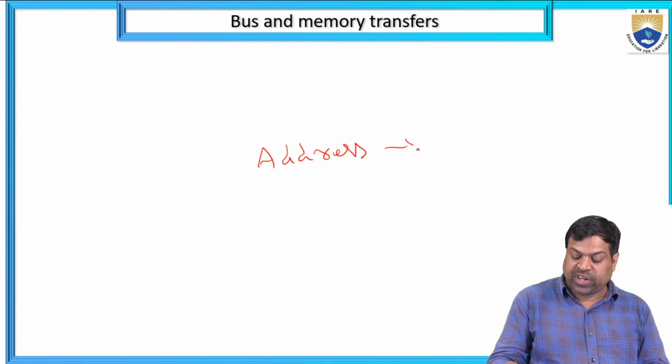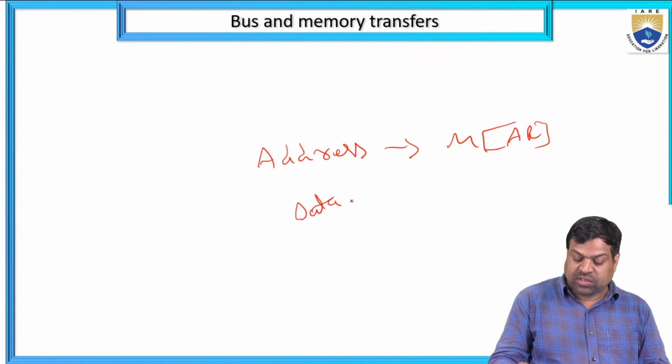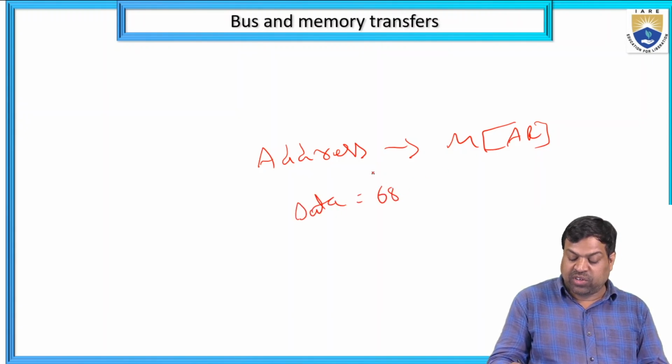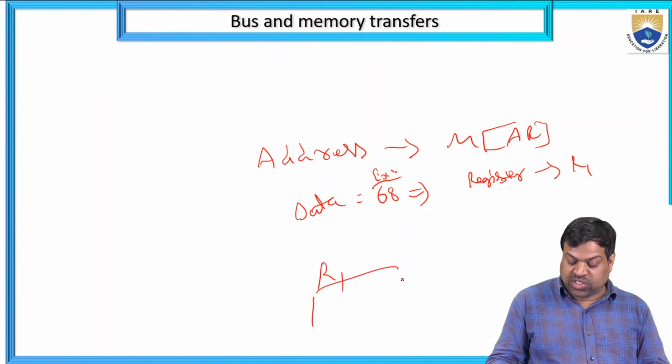The address is defined as M of AR, memory of address register. Data is nothing but, suppose 68 is the value. For example, 68 is the value. This data I am taking as a register or R1. In the R1 register, what is the value? 68.